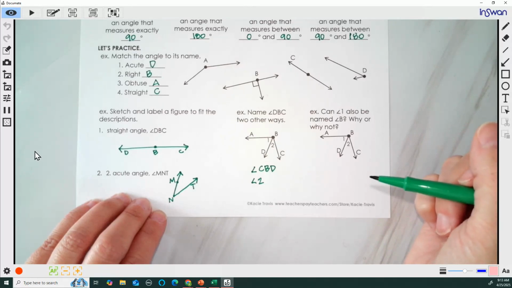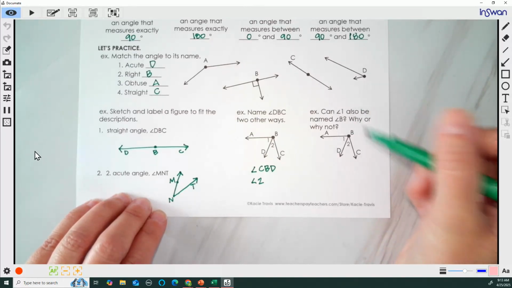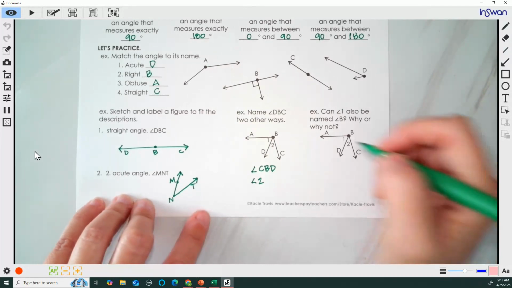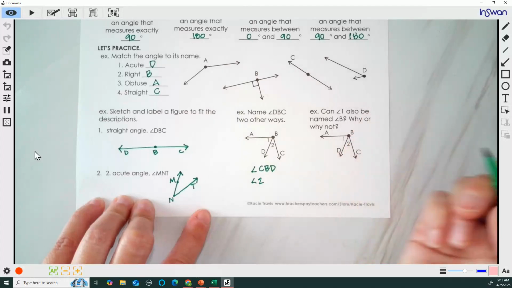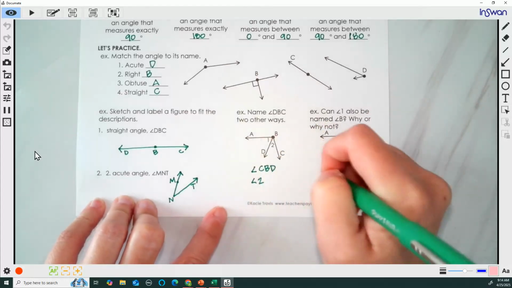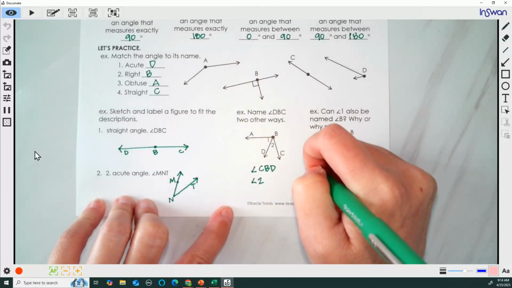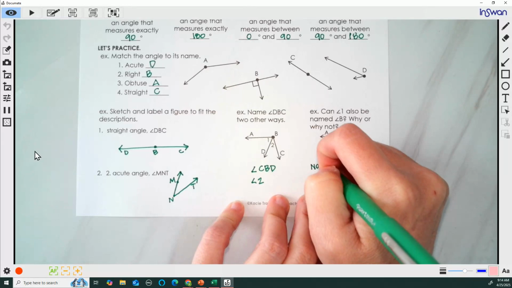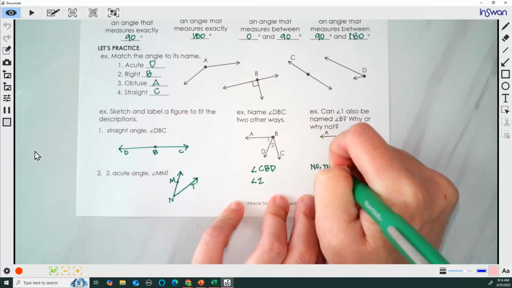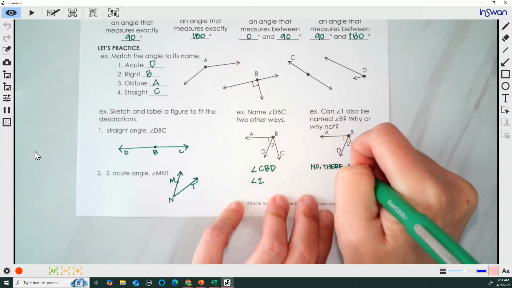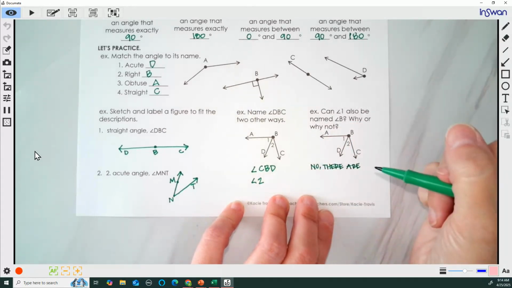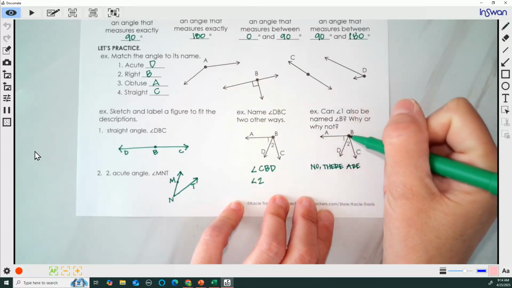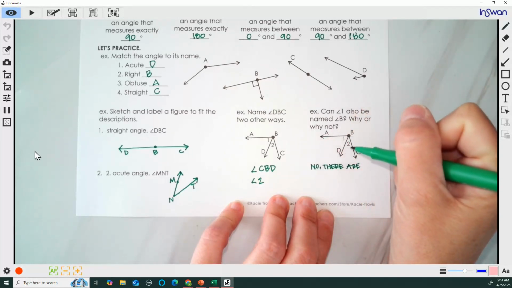Which leads us to the next example. Can angle 1 also be named angle B? Why or why not? Can angle 1 here just be called angle B? And like I was saying in the last example, we cannot because there are other angles that have the vertex. Actually, there are 3 of them. So there's angle ABD, which has B as its vertex.